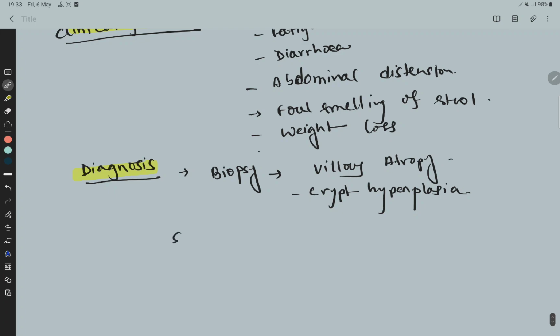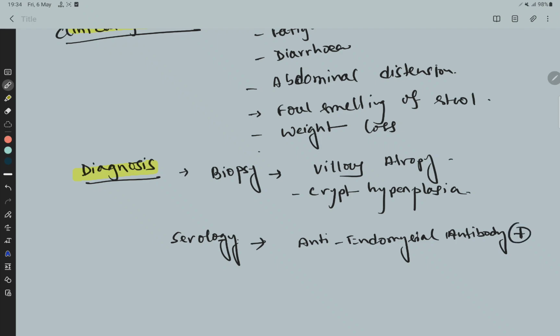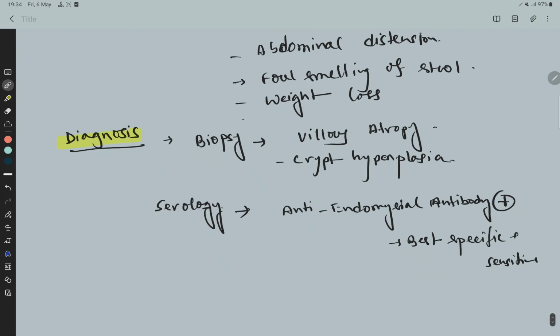In serology, it is very important in celiac disease. Anti-endomysial antibody is positive, and it is the most specific and sensitive.